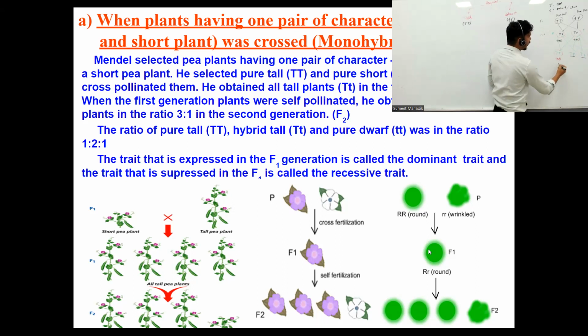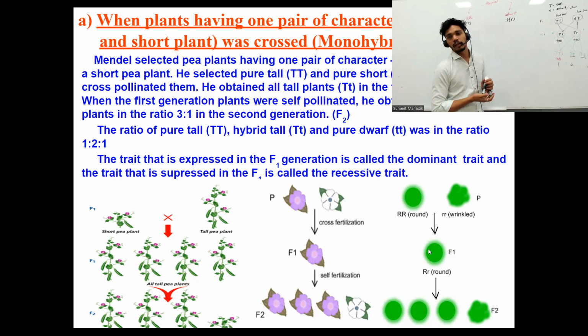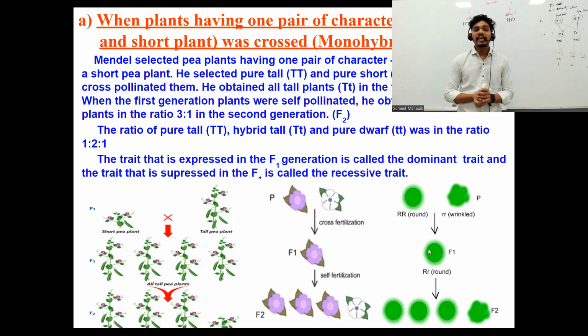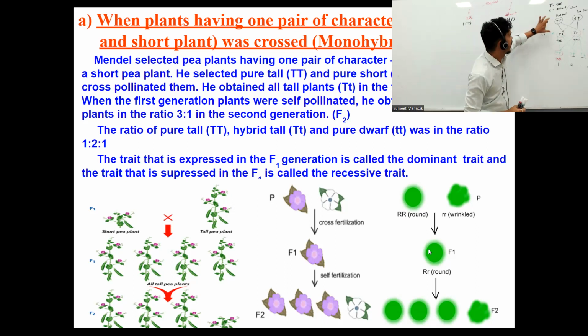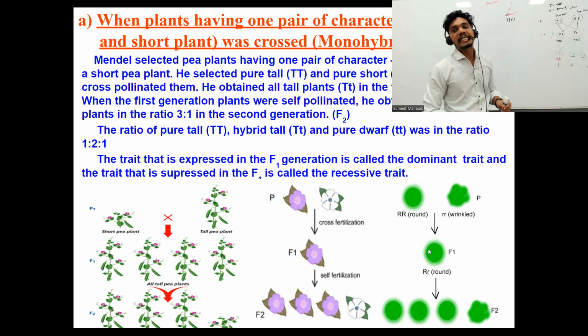In this case, we get 1 tall, 2 hybrid and 1 dwarf. So what is the ratio here? 1 is to 2 is to 1. This point is clear. The trait that is expressed in the F1 generation is called a dominant trait. And the trait that is suppressed in the F1 generation is called the recessive trait.